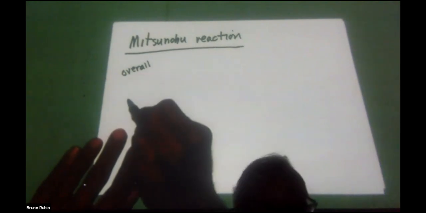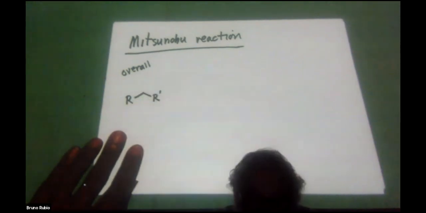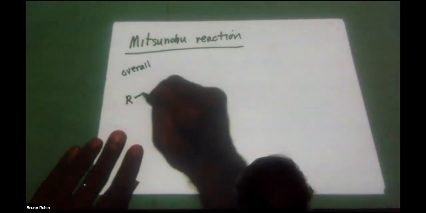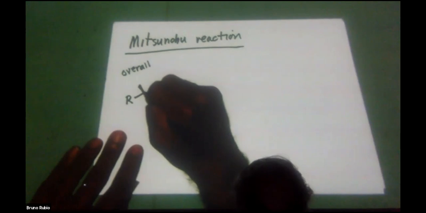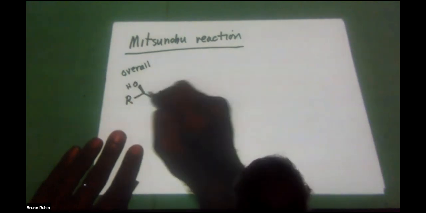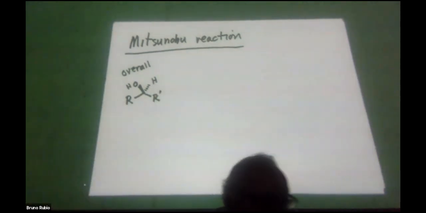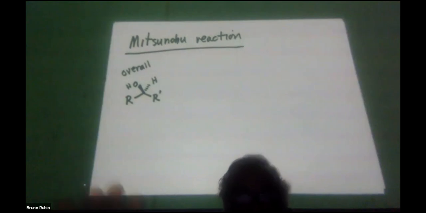Hope this isn't too confusing. R, R prime. So those R's may or may not be different. I'm putting an OH group there and hydrogen there. So that could be a chirality center.